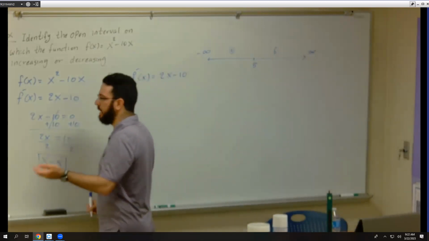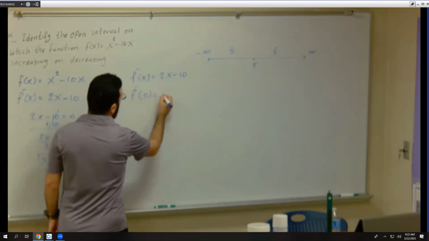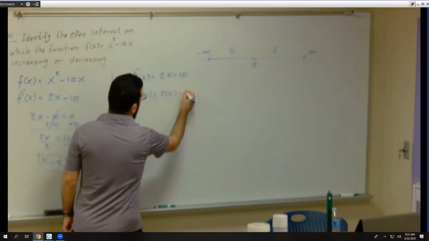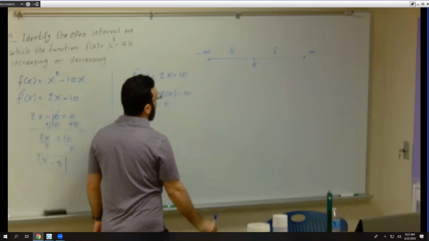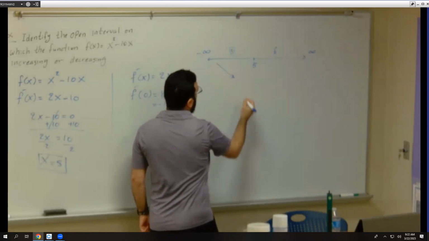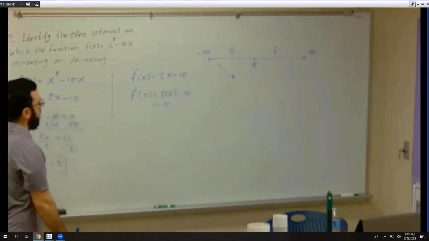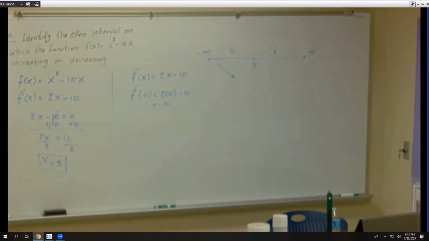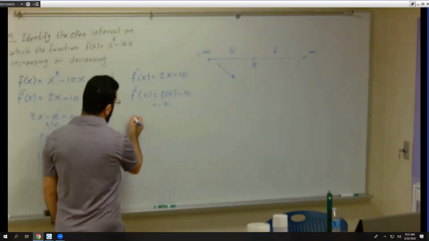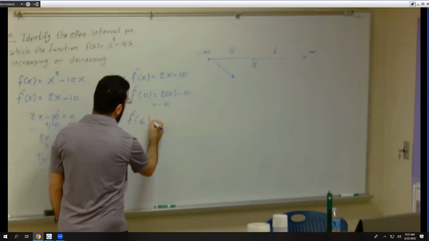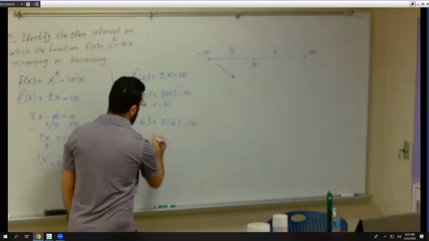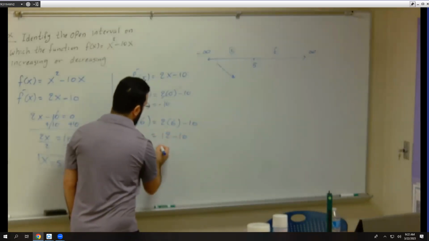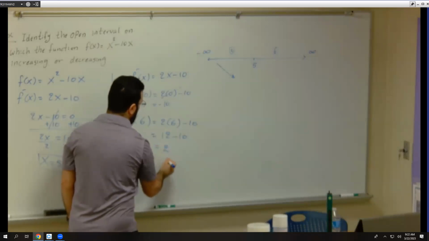Now f prime of 0 is going to be 2 times 0 minus 10, which is negative 10. So our function here is negative, so it's going to be decreasing. Now f prime of 6 is going to be 2 times 6 minus 10, which is 12 minus 10, so it's 2. That means positive.